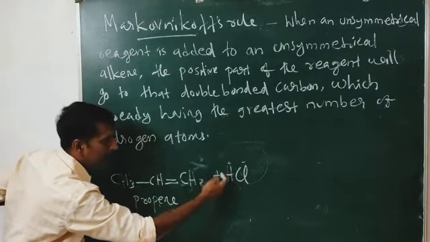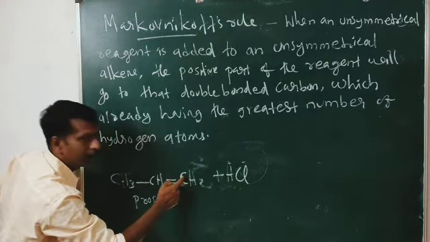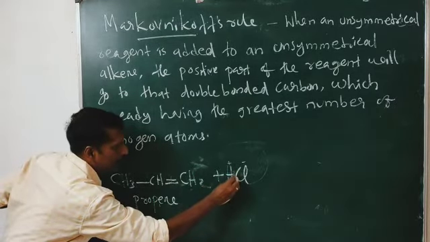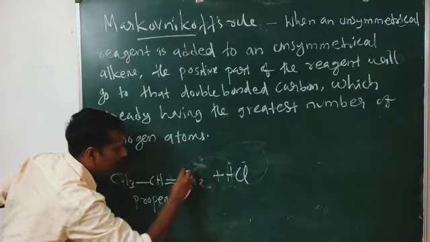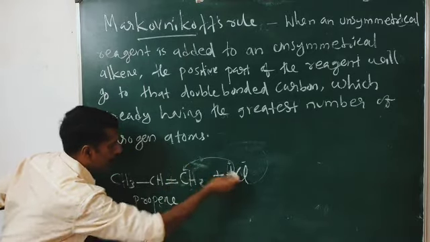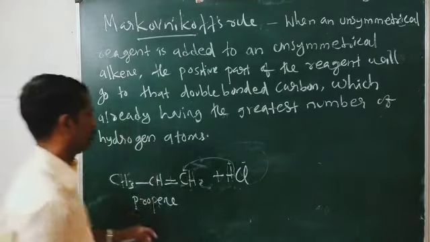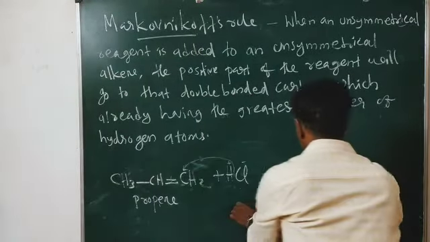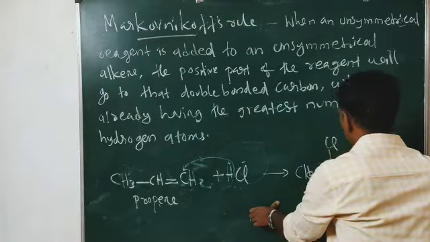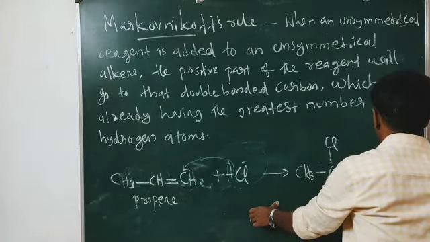That means this H plus will go to this carbon. That means the HCl bond will break and this H will come to this carbon and Cl will come to this carbon. So here you get CH3 CHCl CH3.